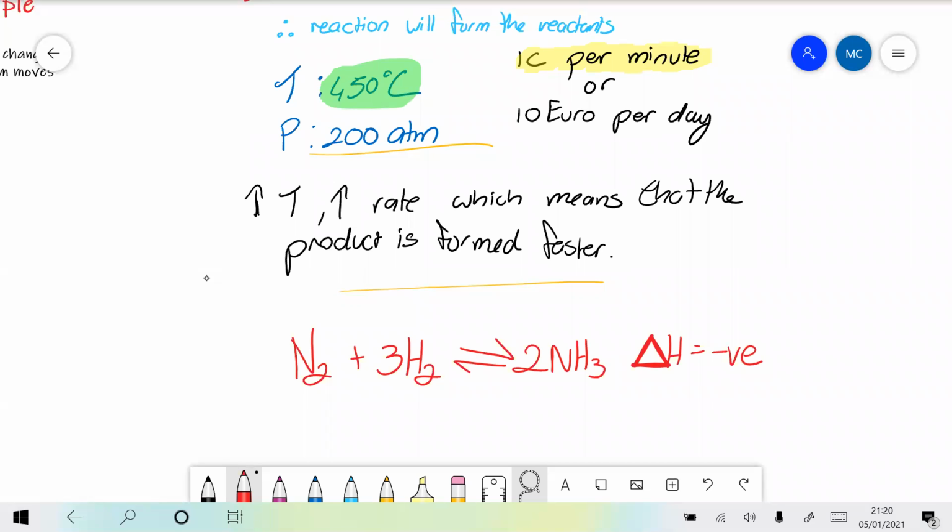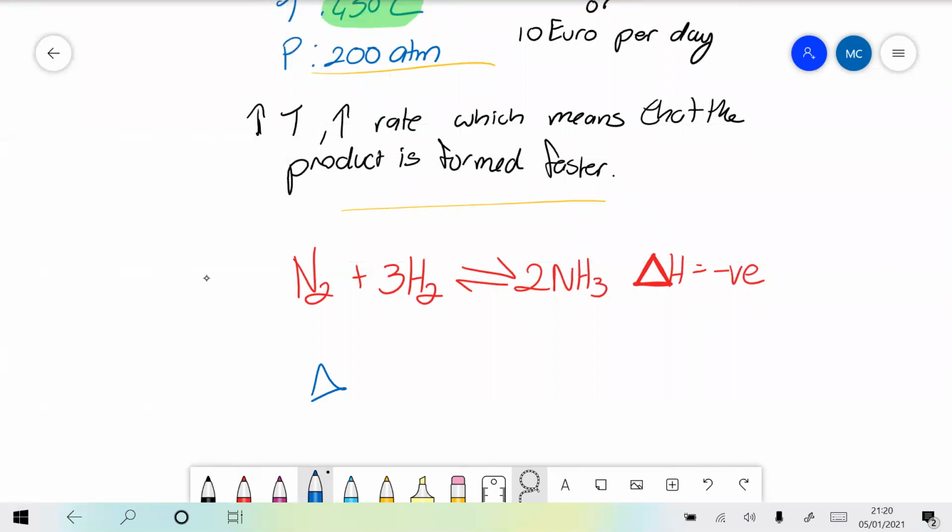Is this reaction always spontaneous? So stop the video here. I will be explaining the answer shortly. Stop the video here and think about whether this reaction is always spontaneous or not. If not, advise when this reaction will be spontaneous.